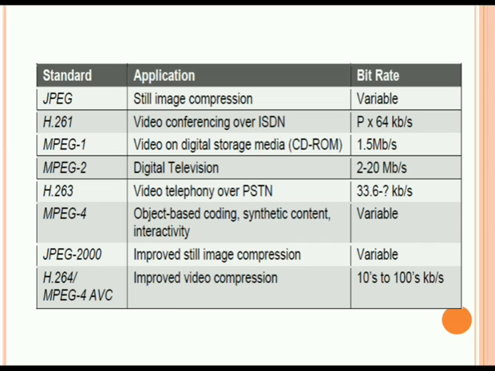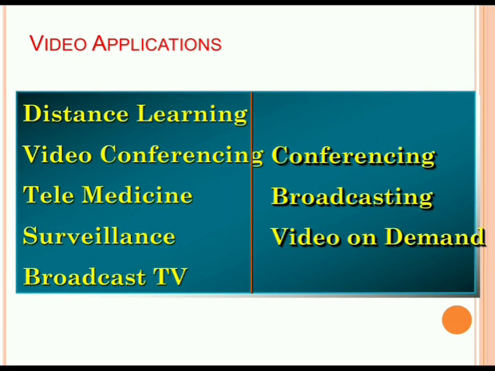H.263 is used for video telephony over the PSTN, and the MPEG-4 standard is applicable to object based coding and synthetic content interactivity. JPEG 2000 improves still image compression, and MPEG-4 and H.264 are applicable to improved video compression.